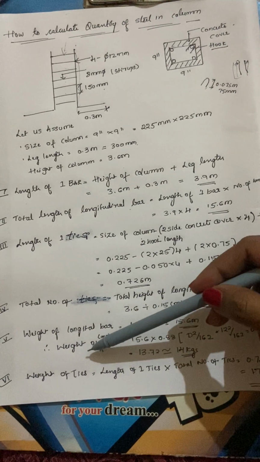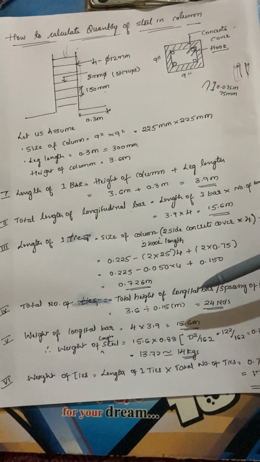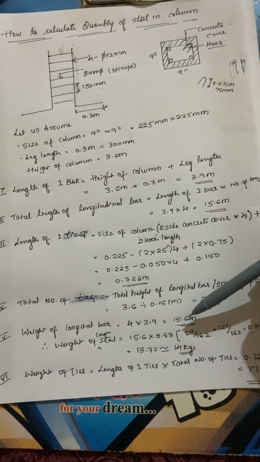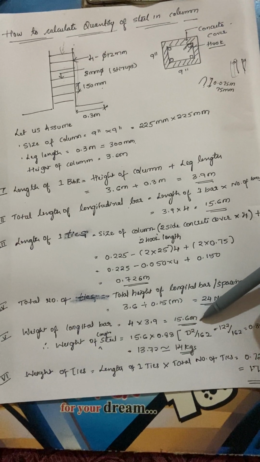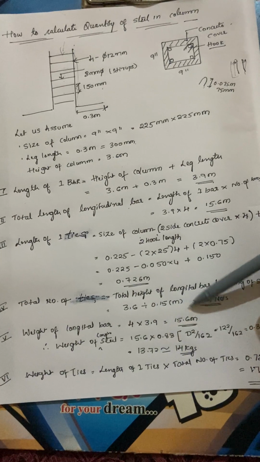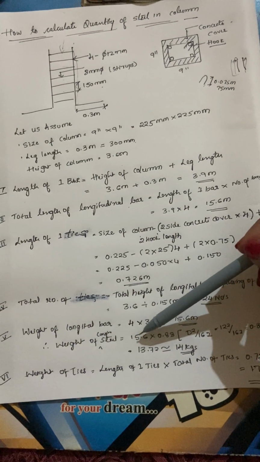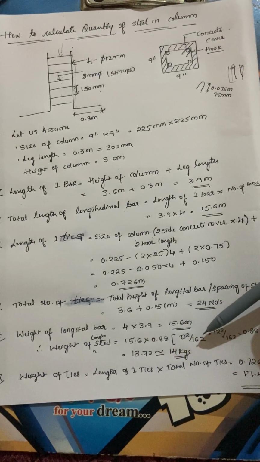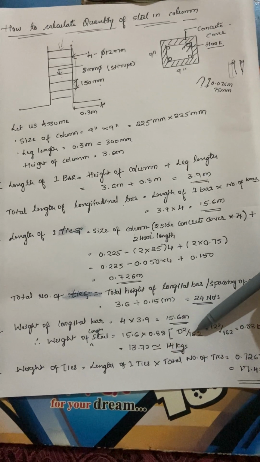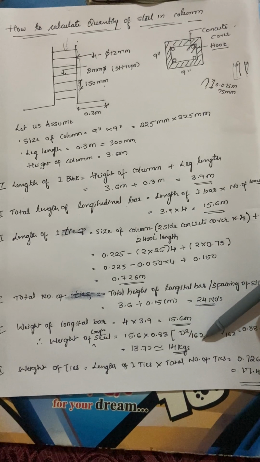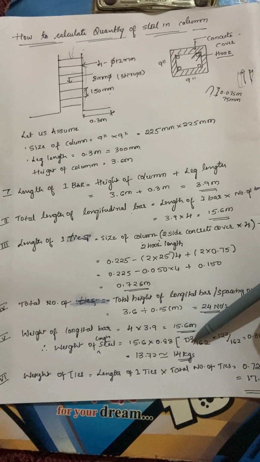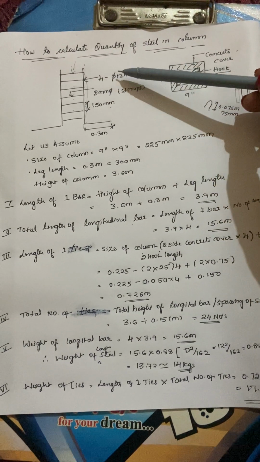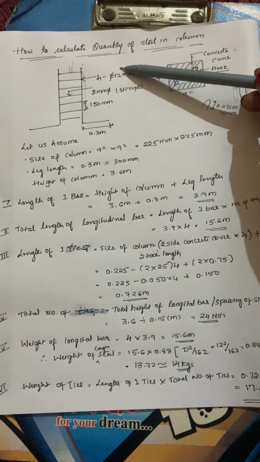How do you calculate the weight of total longitudinal steel required in the entire column? That is the total length of the 4 bars, 15.6 meter, into 0.88. How do you calculate this 0.88? We know the weight of steel formula is D square divided by 162. What is the D for the longitudinal bar that we considered? D is the dia, that is 12 mm.